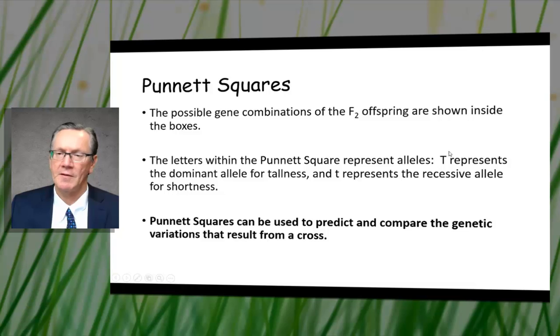So notice we have the uppercase T representing the dominant tallness, and the lowercase t representing the recessive allele for shortness. Notice that we use the letter of the dominant trait to represent the characteristic. So in this case, tallness is the dominant trait. Therefore, we use T to represent tallness and lowercase t to represent shortness.